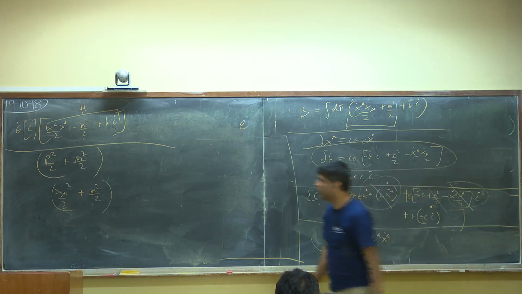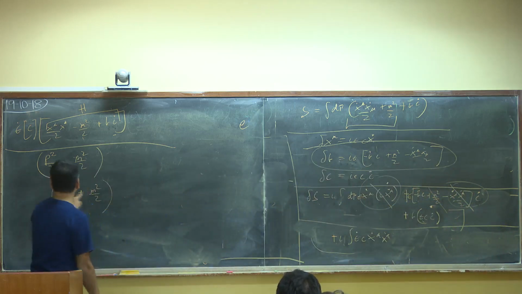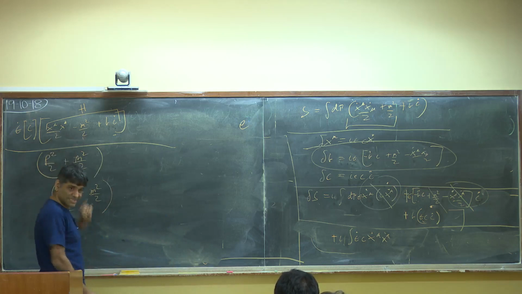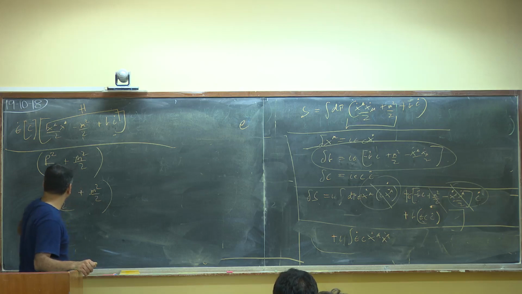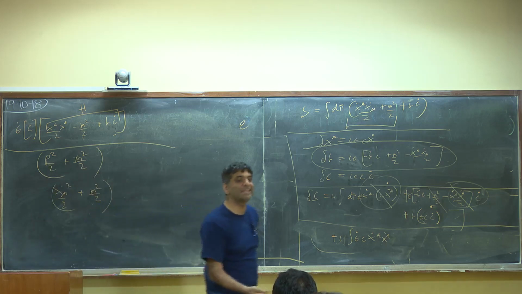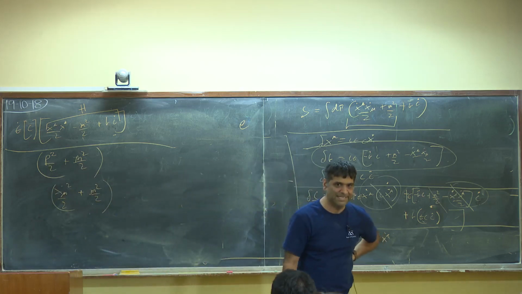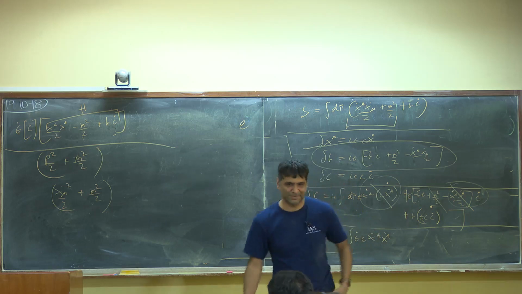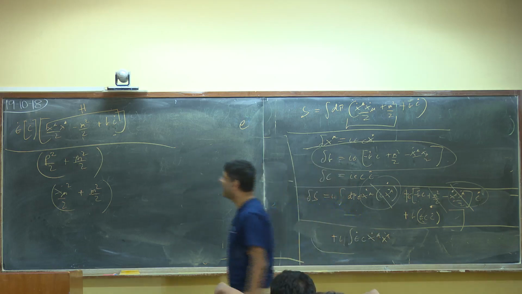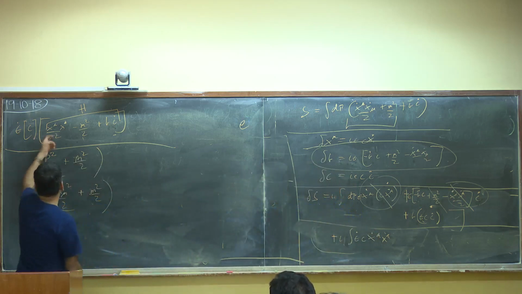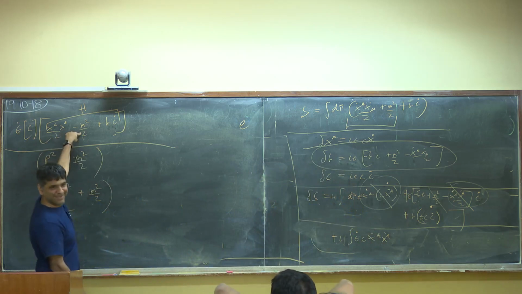So now you might think, okay, we're getting a minus, this is a plus, so there's a sign mistake. However, this x dot was a Minkowskian x dot. In Minkowski space, we got x dot squared by 2 plus m squared by 2. So you change this x dot to the Euclidean x dot, that picks up an extra i, and that i squared gives you an extra minus 1.